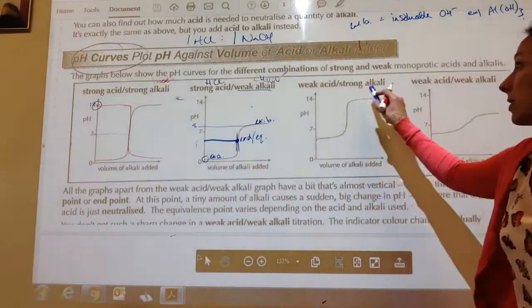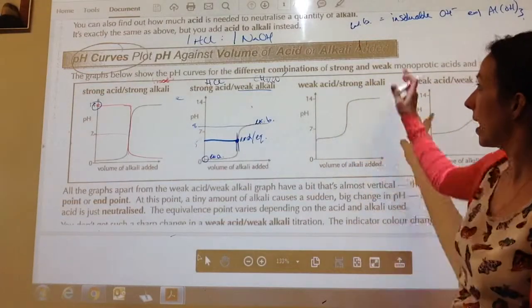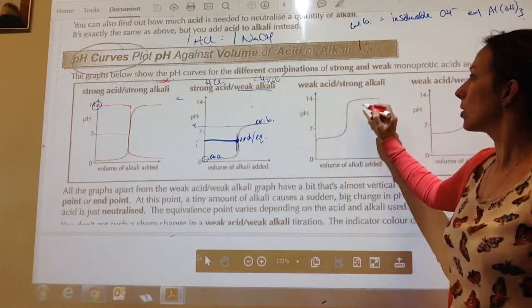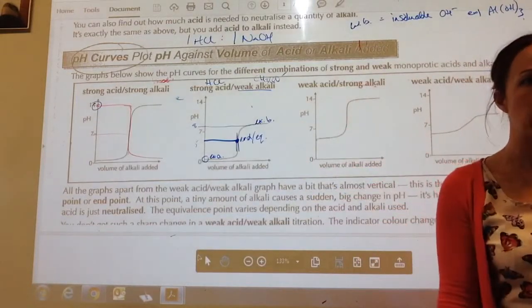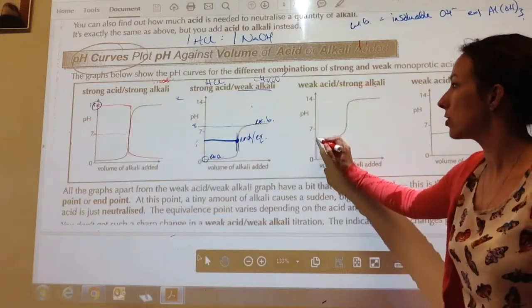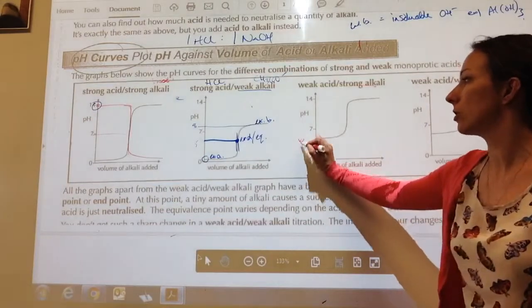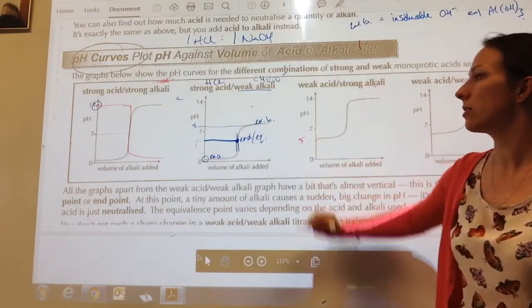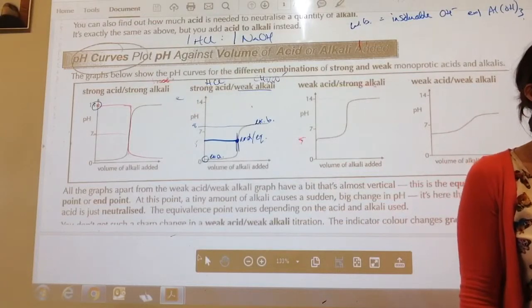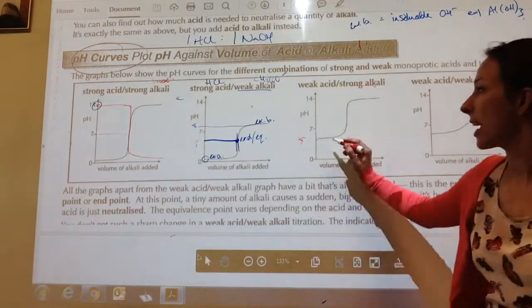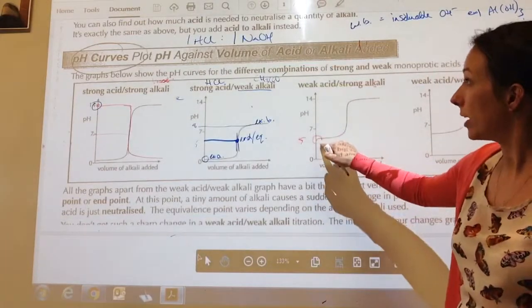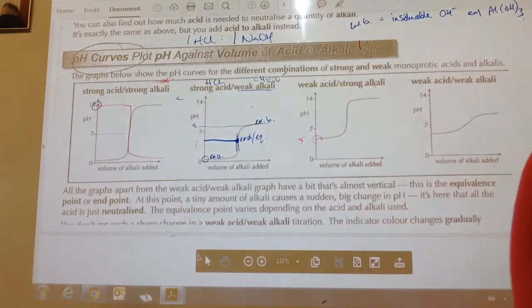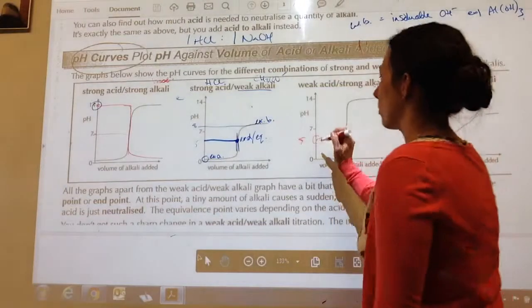Okay, so weak acid and a strong base. I'm adding my strong base. You can see I end at 14 because it's a strong base that I finish off with. You can see I start at a weak pH of 5, probably. Here's something that's a little new though, this little hiccup. Whenever you have a weak acid or a weak base in your Erlenmeyer flask, you get this little hiccup.